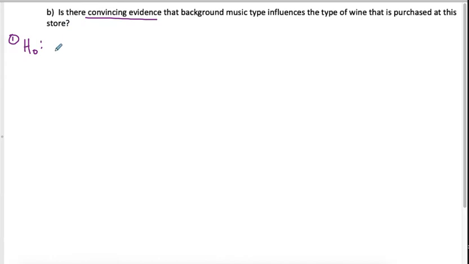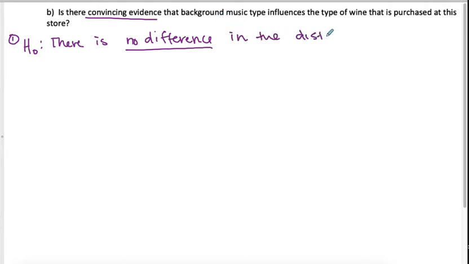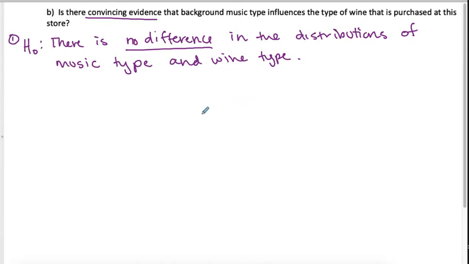So the way that we talk about a chi-squared test of homogeneity is we're going to say there is no difference in the distribution of music type and wine type. We're just saying in this case, there's no difference. It should all be the same.